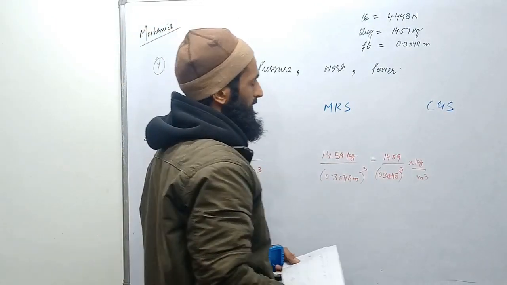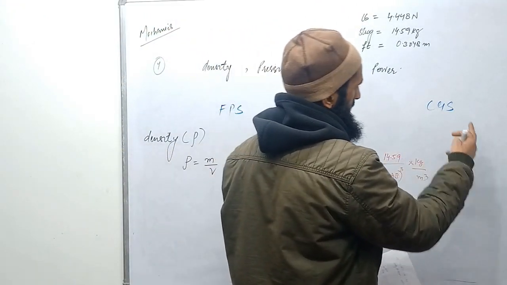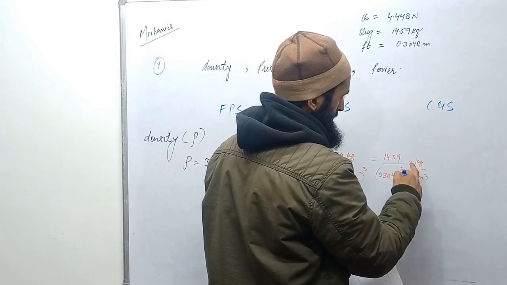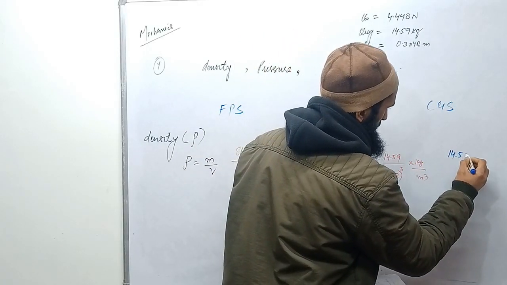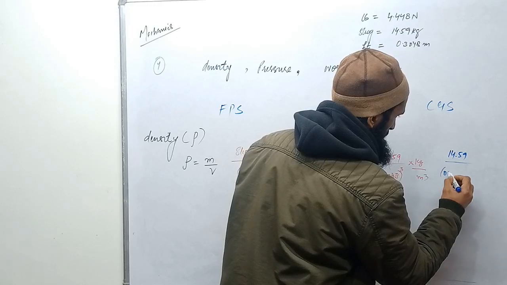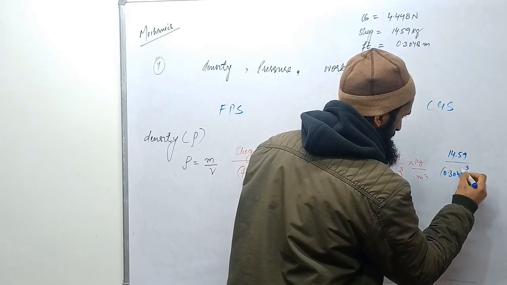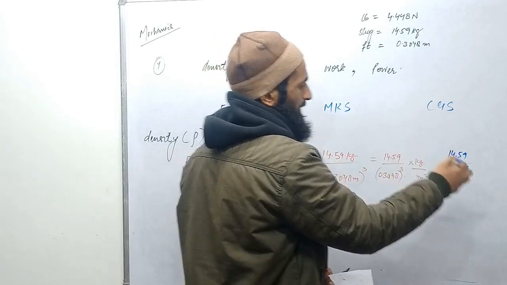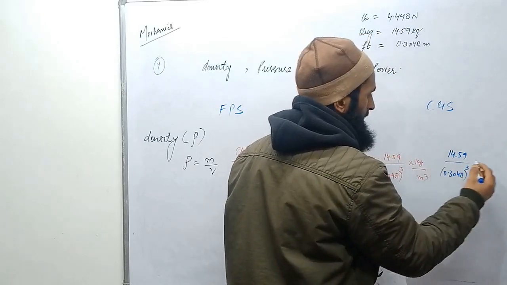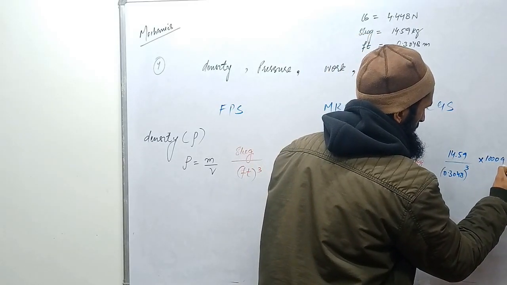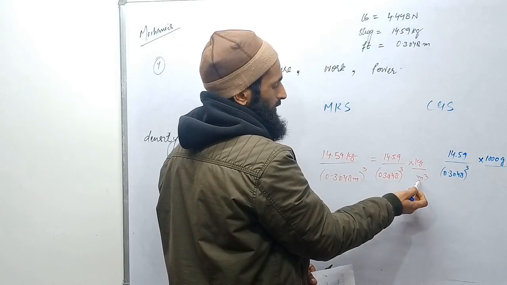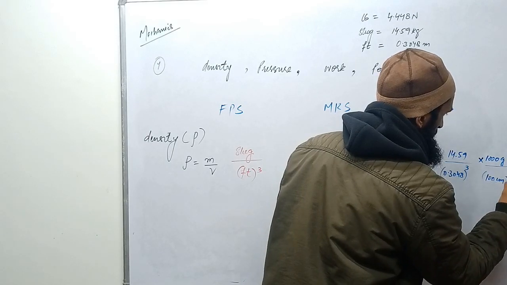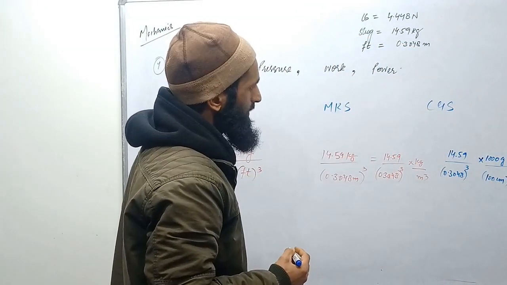Now we have to convert this into centimeter gram second. Here we have 14.59 divided by 0.3048 cube kilogram, and kilogram we have to convert to grams. 1 kilogram is equal to 1000 gram, so this will be 1000 gram divided by meter cube. 1 meter is equal to 100 centimeter, so 100 centimeter whole cube.